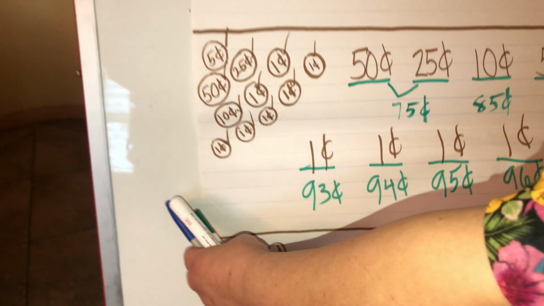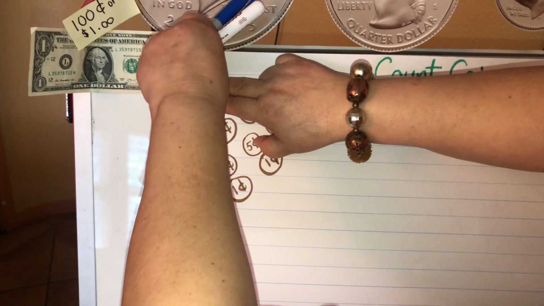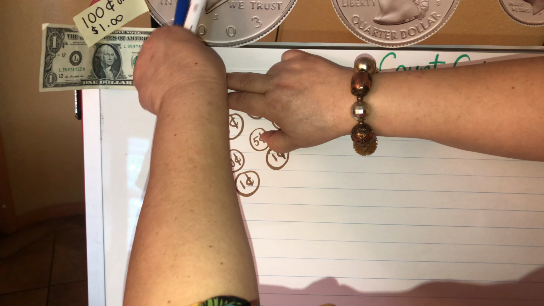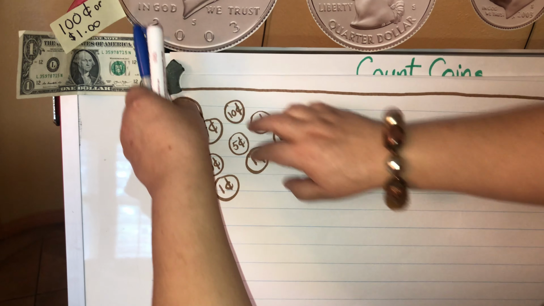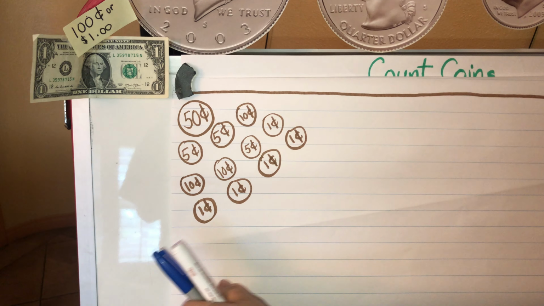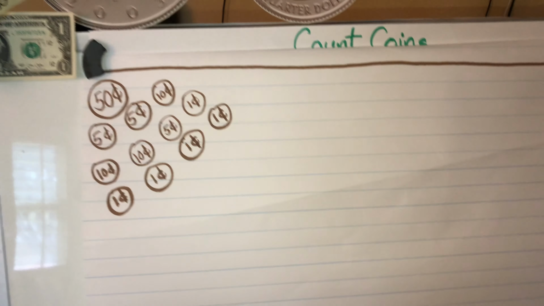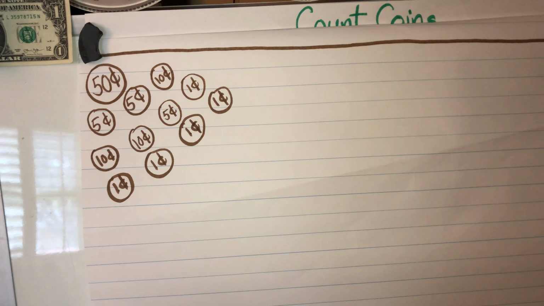Okay, now we're going to move on to the third one. And just for the sake of not having to bend down, I'm going to fold the paper and work on it up here. Okay, so this one looks like it has a lot of coins too. So let me count and see how many I have.